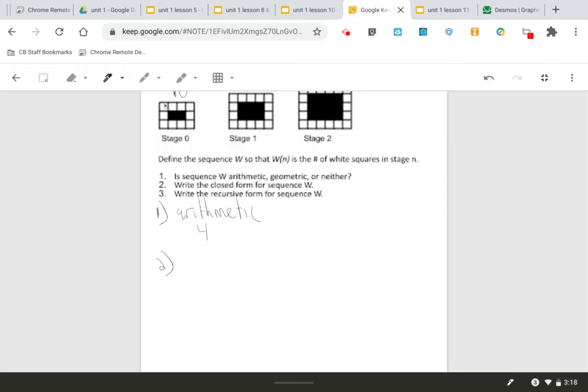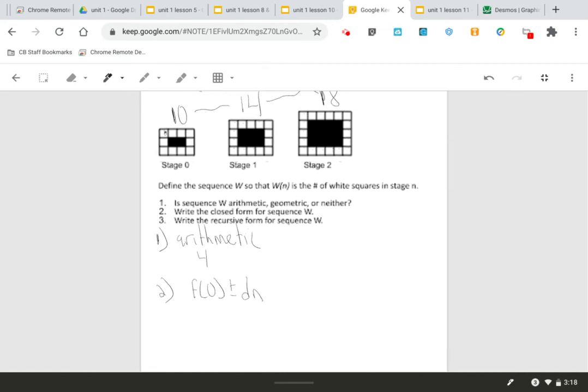So for my closed form, it's going to be f of 0 plus or minus dn. My f of 0, remember, is my starting term, and in this case, my starting term is 10. We're going to do plus, and our common difference is 4. So my closed form for sequence W is 10 plus 4n.